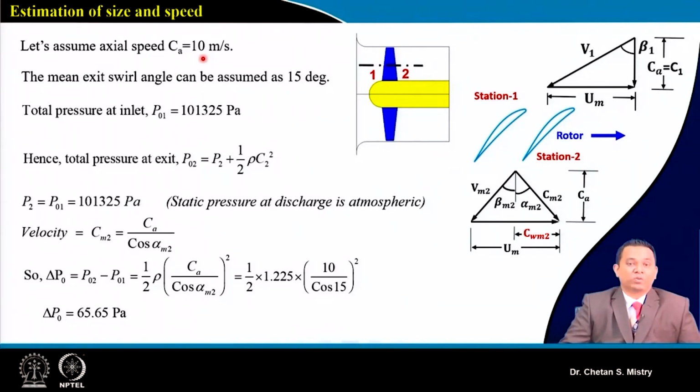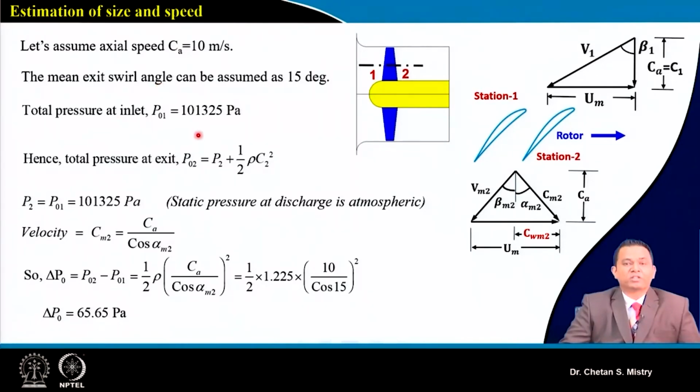Just realize that this 10 meter per second could be 40 or 50 meter per second, but we need to understand that we are not handling a large mass flow rate, and the volumetric flow rate is not that much. So we need to assume smaller numbers. So we are taking 10 meter per second, and for the exit swirl angle at the mid station we will assume 15 degrees.